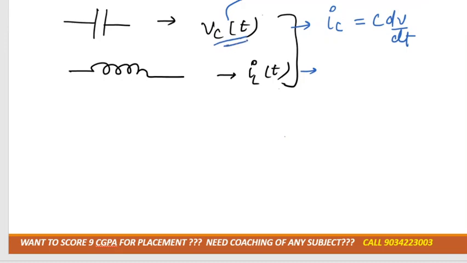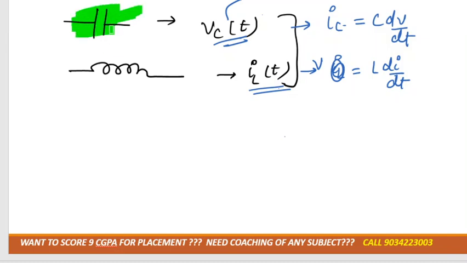Ultimately you need to calculate voltage first to get the current. Similarly, the voltage across an inductor would be L di/dt. So in short, whenever you have a capacitor, you need to calculate voltage, and whenever you have an inductor, you need to calculate current. Understood? Clear?